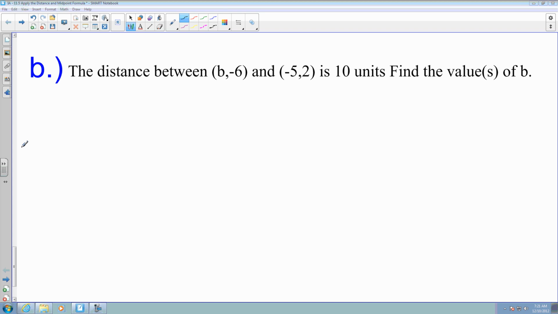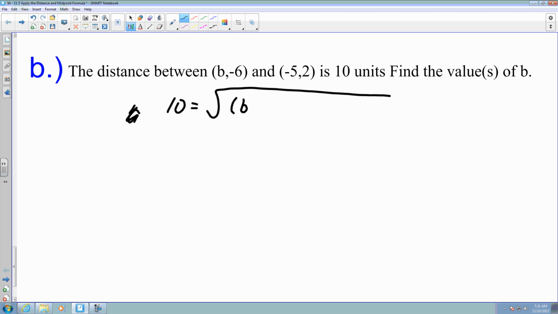So using the distance formula, let's put 10 as my d. And for this one, I'm going to put b first, minus a negative 5, because I want my b to be positive, quantity squared, plus, now I have to use negative 6 first, minus 2, quantity squared.